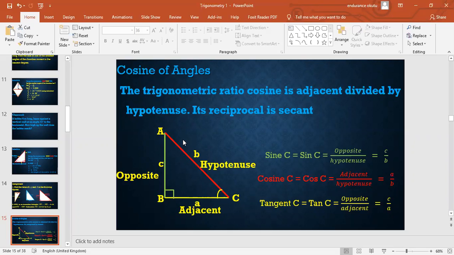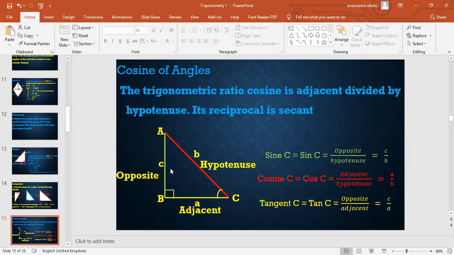Its reciprocal is secant. Now if you look at the right angle triangle that we have, the angles are represented by uppercase letters, while the sides are represented by lowercase letters. The angle 90 is at angle B and the angle given is at C. The side opposite the angle 90 is the longest side, which is called the hypotenuse, which is opposite B and is represented by the small letter b.